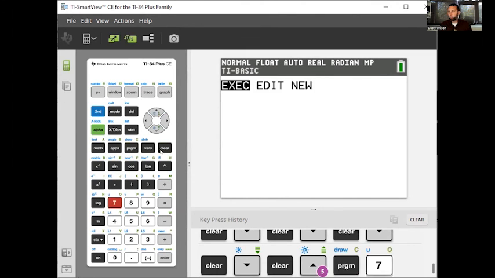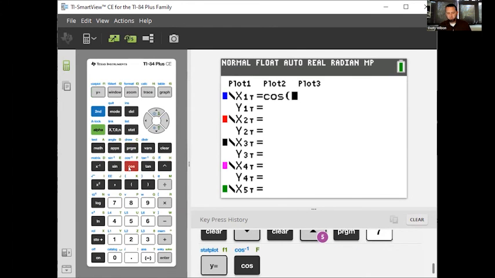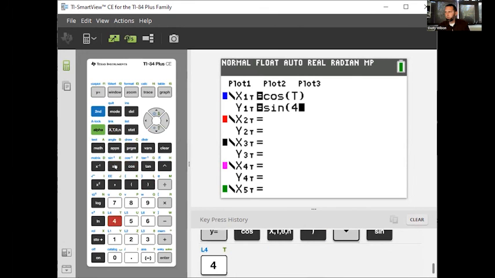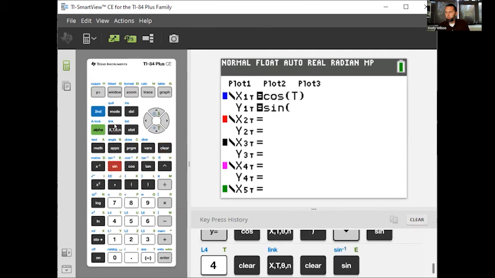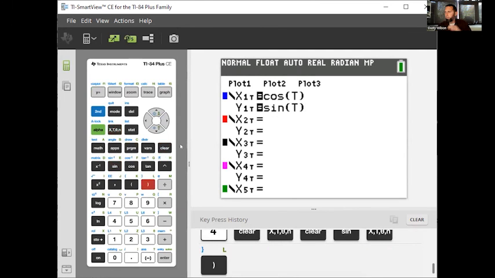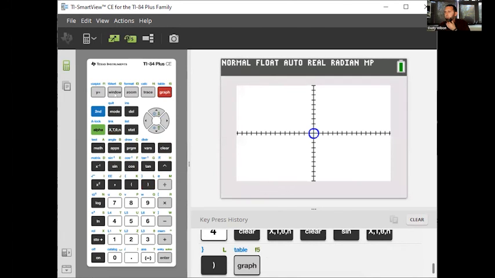So if I take cosine of t, and I have sine of t, then our graph, it's a little fast.